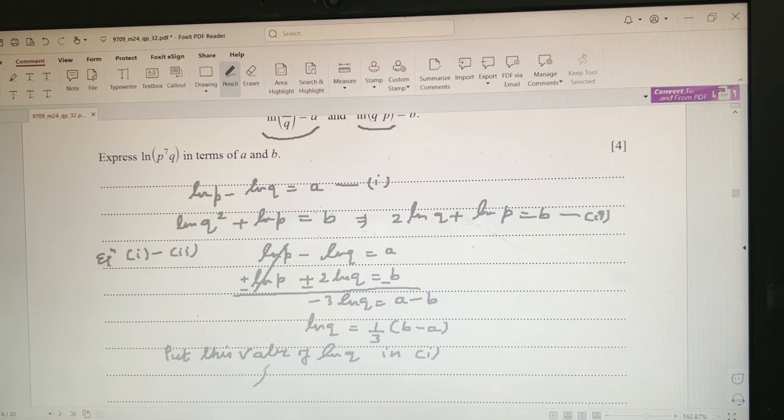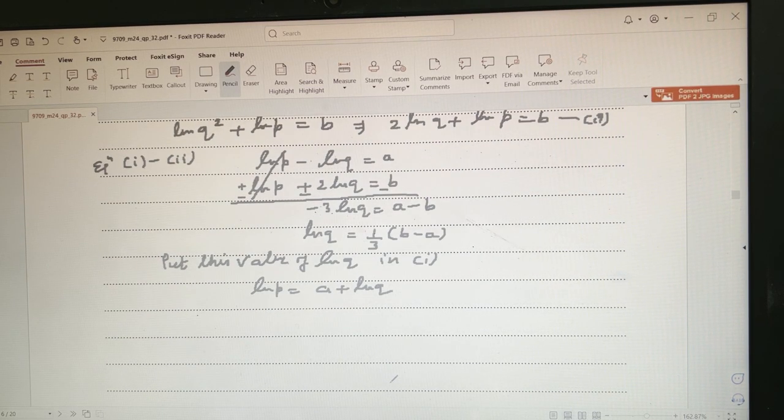So ln p becomes a plus ln q. This is from equation first. Now what is ln q? Ln q is 1 over 3 times b minus a. So substitute that value here: a plus 1 over 3 times b minus a. Take the LCM, 3 will go up, it will become 3a, 3a plus b minus a will become 2a plus b over 3. So this is ln p.